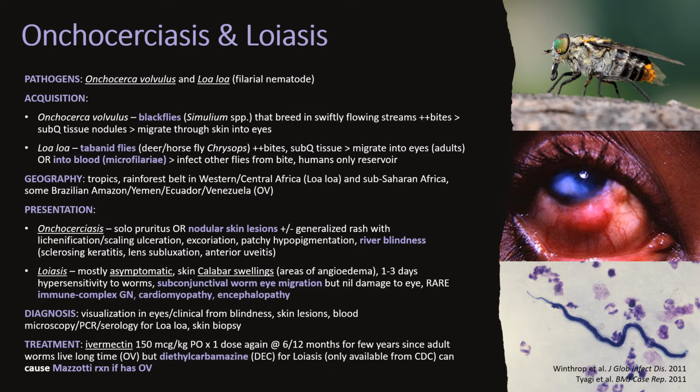Importantly, if patients with onchocerca are given diethylcarbamazine or DEC, they can have a reaction to dying worms called the Mazzotti reaction, which can threaten the eyesight of the patient. Patients who are being treated for Loa loa, therefore, should be excluded for onchocerca volvulus prior to starting DEC.